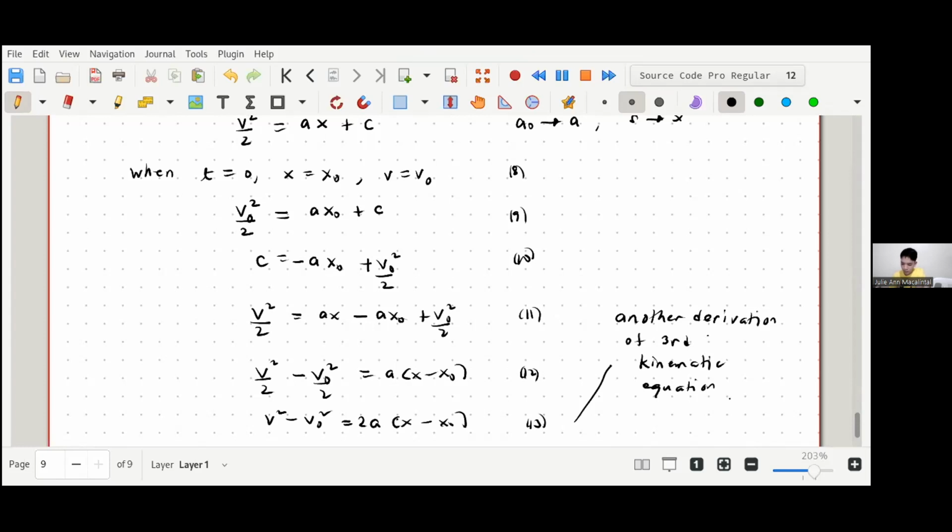Kasi 'di ba yung ginawa yung derivation nito from before, in-integrate natin twice to get v in terms of t and x in terms of t. And then in-eliminate natin yung t. Dito, we don't actually have to deal with t. Kailangan lang natin mag-change of variable sa integration and we get the result directly.